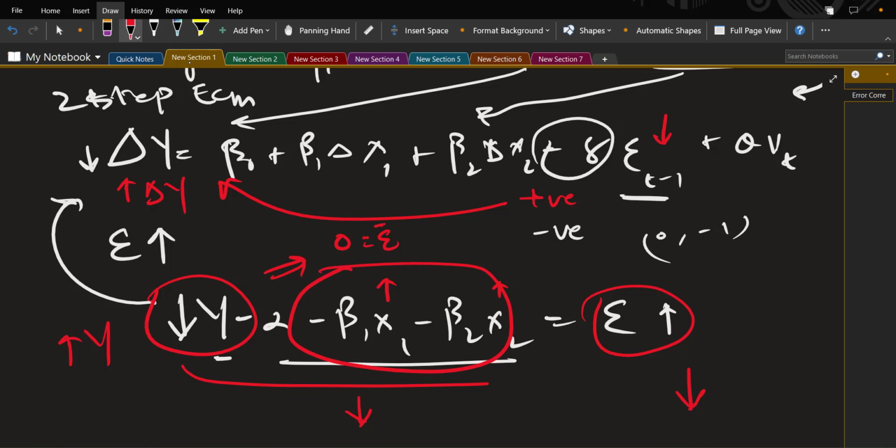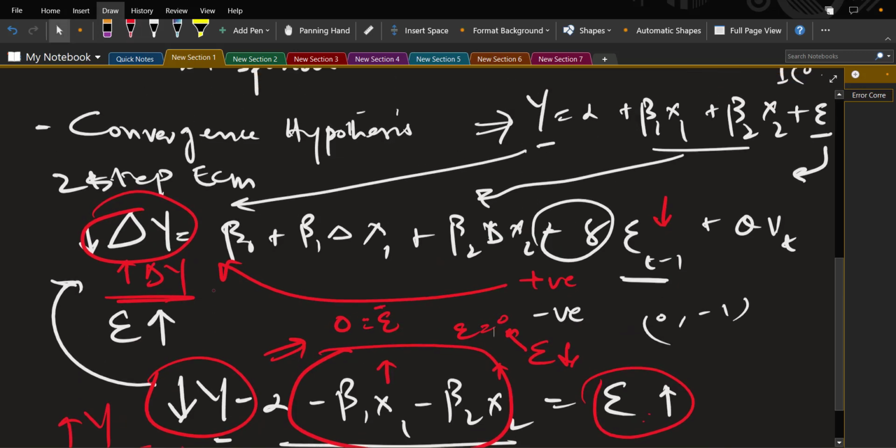In response to that this was increasing, and in response to that delta y increased, and y has increased. So the gap which was reducing the error term becomes 0 again because of the response in y. This response is called the long run effect. And this long run effect only exists if the coefficient of the error term is negative. So this is called the error correction equation.